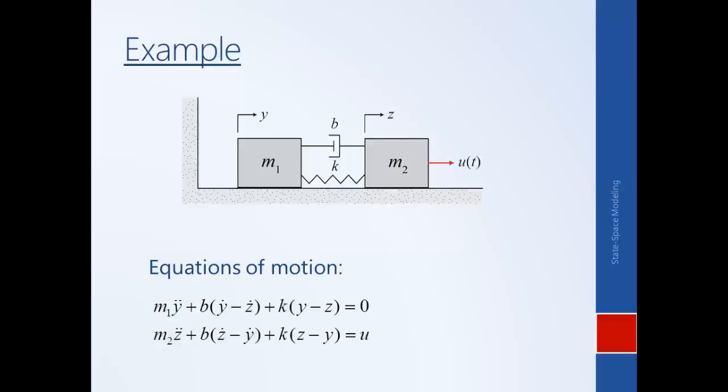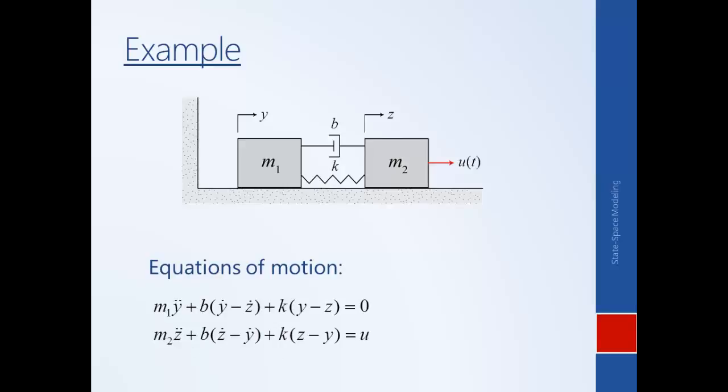And so by inspection, we can see that this system of equations is not in state space form. Each of the equations is a second order differential equation. So we have a second derivative of y, its first derivative and the function of itself. Same thing with the second equation.